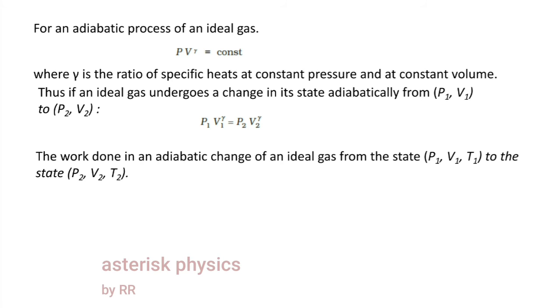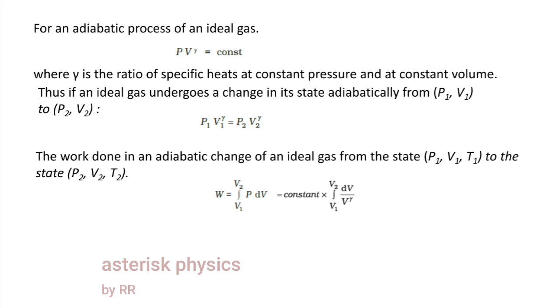Hence, the work done in an adiabatic change of an ideal gas from the state P1 V1 T1 to the state P2 V2 T2 is W = ∫ from V1 to V2 of P dV. That is equal to a constant times the integral from V1 to V2 of dV/V^γ.